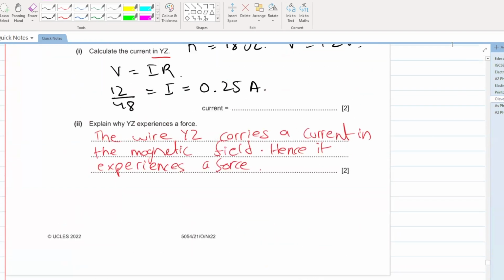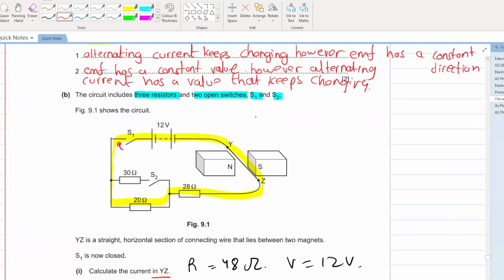Fleming's left hand rule. Let's apply Fleming's left hand rule. The magnetic field is from north to south. So your first finger points like this. Where will your direction of current be? Current flows from positive to negative. So your current की direction will be inward.